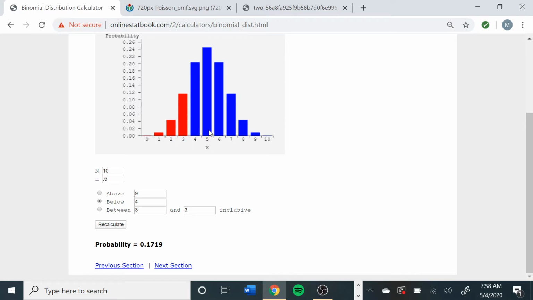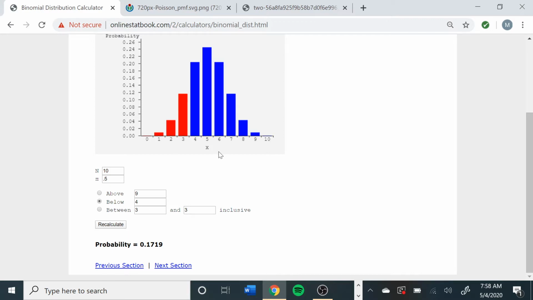The most likely thing that's going to happen is we're going to get 5 heads. See how the 5 is exactly in the middle? Notice that is the number of trials times the probability, and that's always the mean of the binomial distribution. So if you want to know what the mean of the binomial distribution is, it's pi times n.